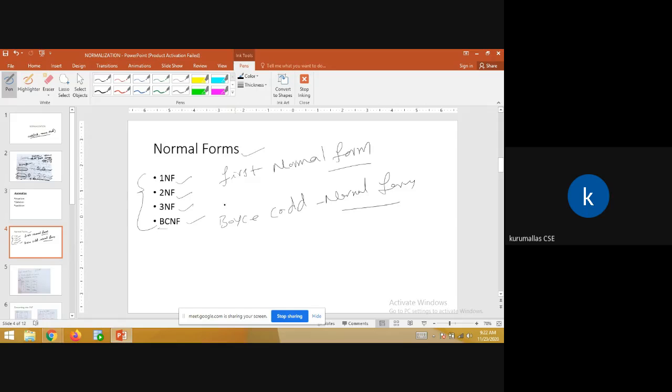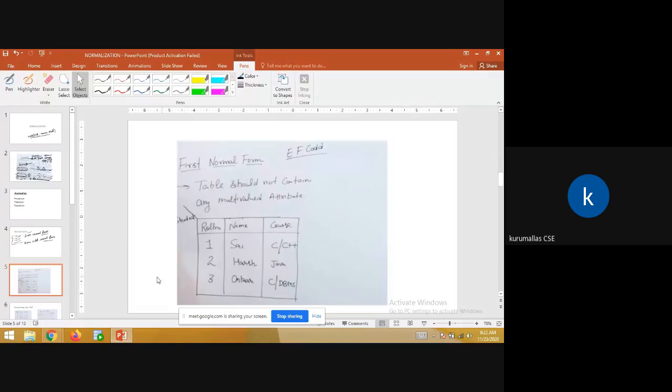We have to see them one by one. The first one is first normal form.